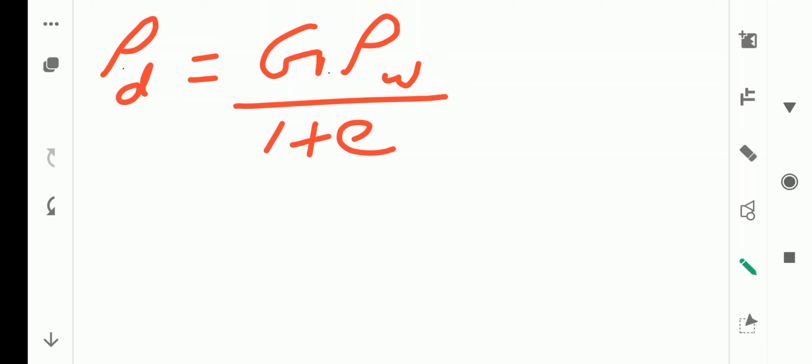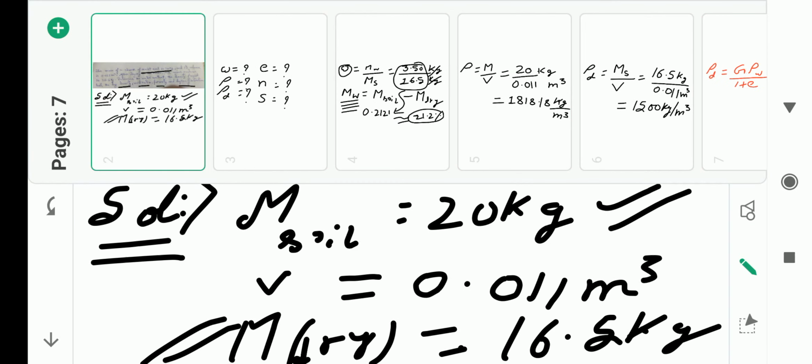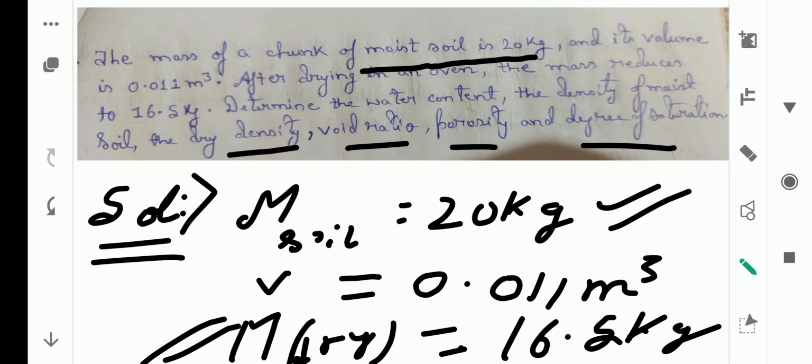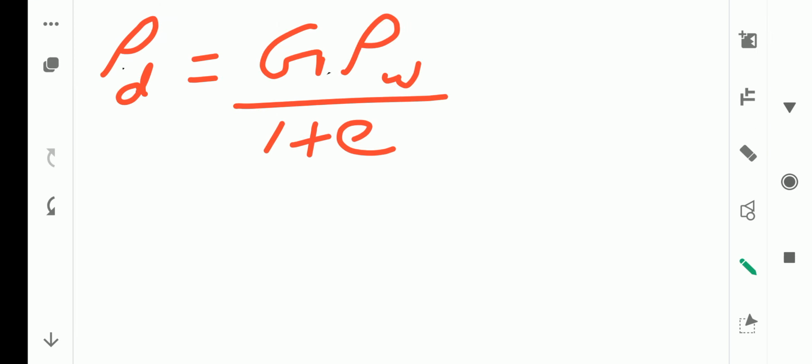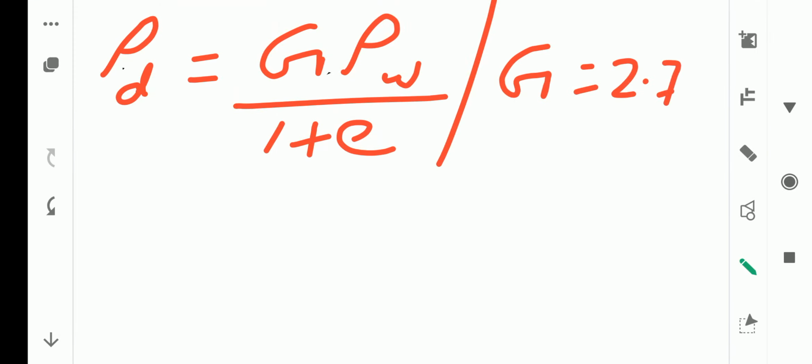The value of G has been given in the question, although it has not been shown here. The value of G is 2.70. And the density of water, we all know, is 1000 kg per meter cube.